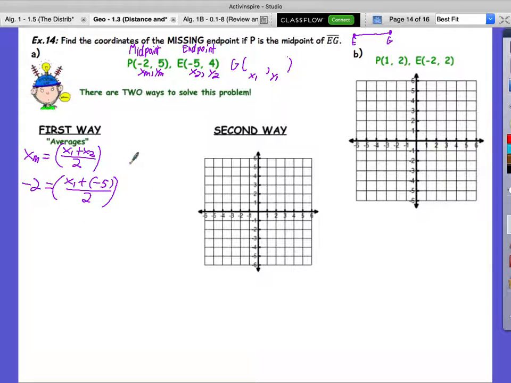Multiply by what it's being divided by, 2. Now if we multiply this side by 2, what do we have to do to this side? Multiply by 2 as well. Let's write that in, please, and thank you. We're multiplying both sides by 2 to try and undo that division.